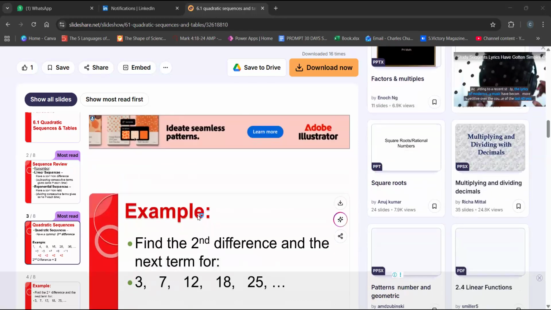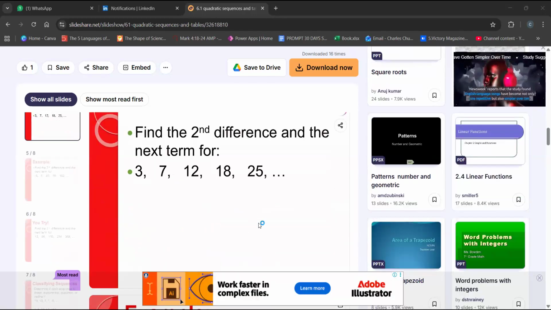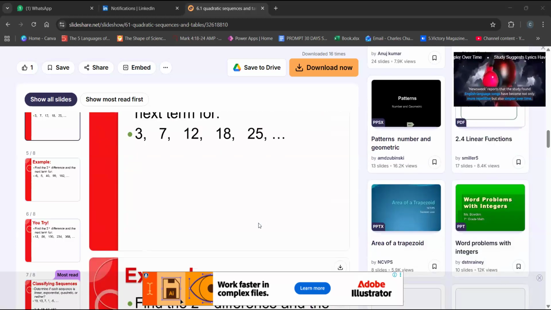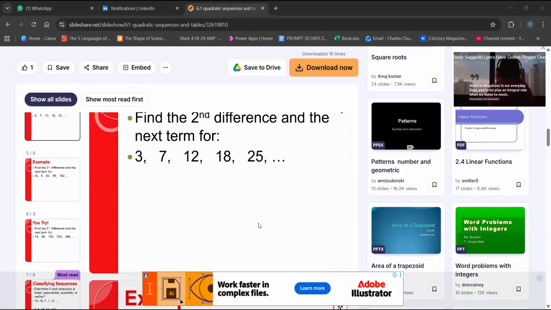Okay, so let's see how we can find the second difference for this one. How would you go about finding the second difference for this one?